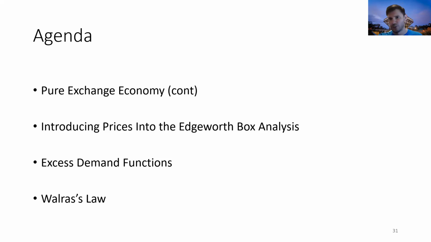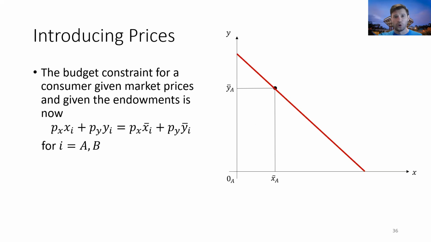And in this 2x2 Edgeworth box economy, we have two markets, the markets for goods X and Y. And at the end of the last class segment, we had introduced the role of prices into this situation, and we have recognized a slight difference relative to our Econ 100A treatment, where the right-hand side of this budget constraint was typically what we were thinking of as our income or our wealth.